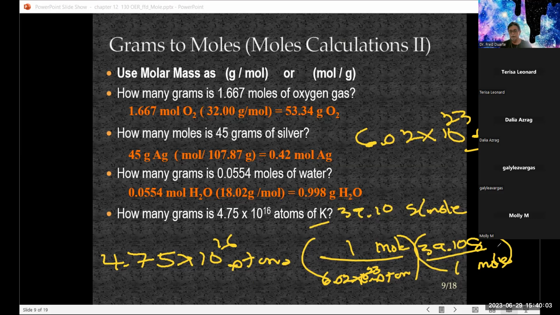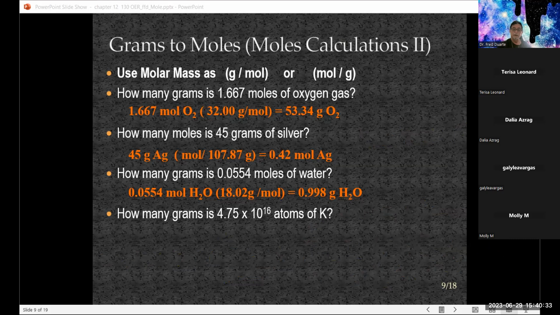Notice that our moles cancel, but moles was the middleman, because we had atoms and needed to go to grams. We cannot go directly. We use Avogadro's number to go from atoms to moles, and then the atomic weight to go from moles to grams. So my units have been set up properly. Now it's a matter of plugging your numbers in the calculator.